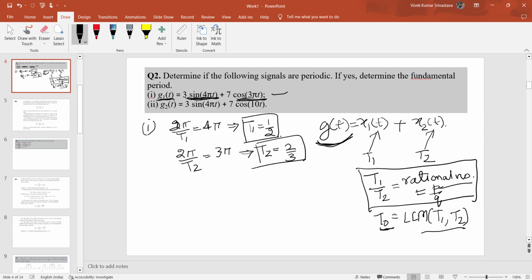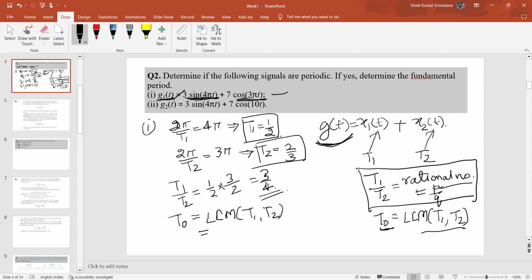If we take the ratio of T1 and T2, we get 1 by 2 into 3 by 2, which equals 3 by 4, which is a rational number. So we can say that g1(t) is a periodic signal. Let us now find the fundamental time period of g1(t), which is defined as the LCM of T1 and T2.